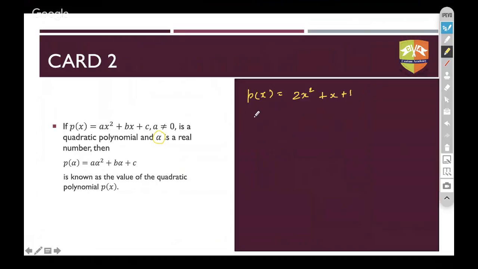Then p of 1 is called the value of the polynomial at x equals 1. So p of 1 will be nothing but 2 times 1 square plus 1 plus 1, which is nothing but 4, right?